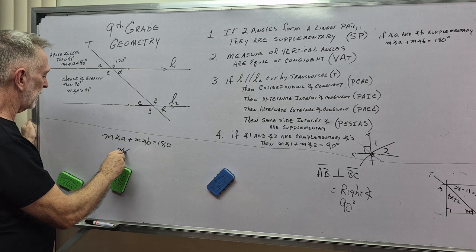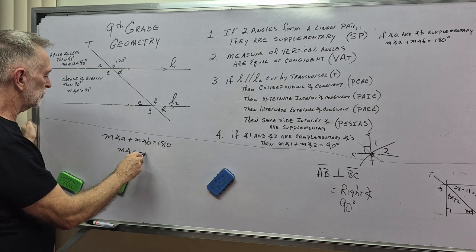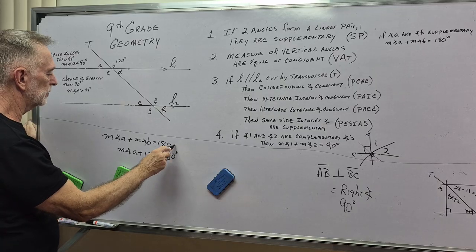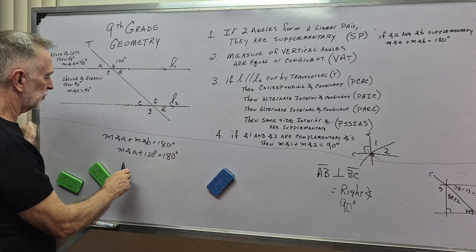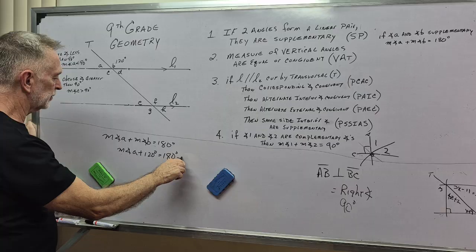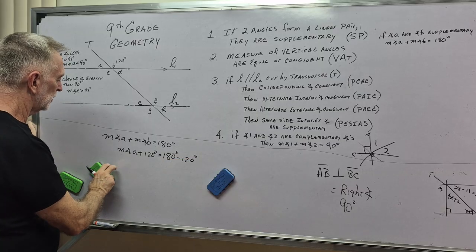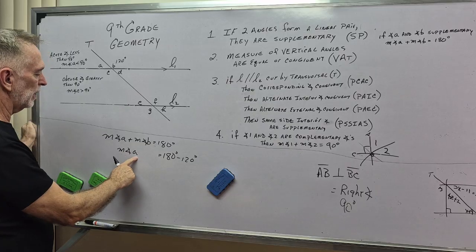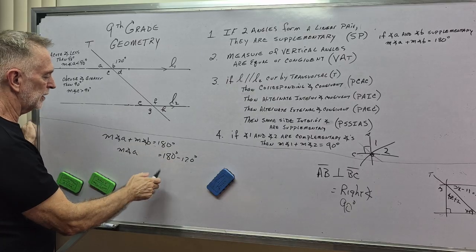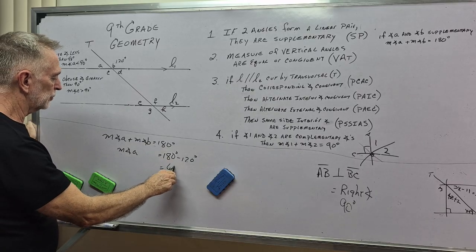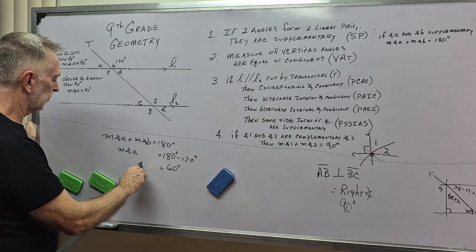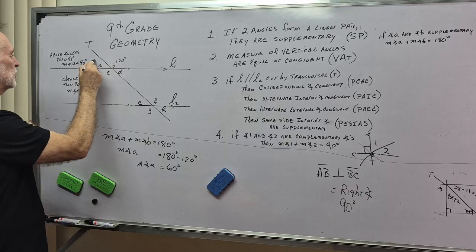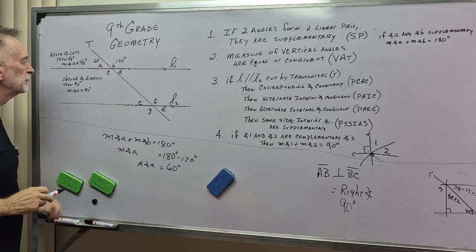So the measure of angle A plus 120 degrees equals 180 degrees. If I subtract 120 from both sides, that goes away. So the measure of angle A is 180 minus 120, and that equals 60 degrees. Okay, so that means this one is 60 degrees.